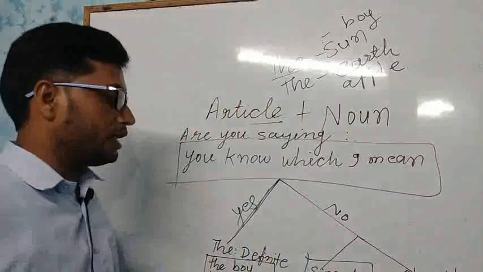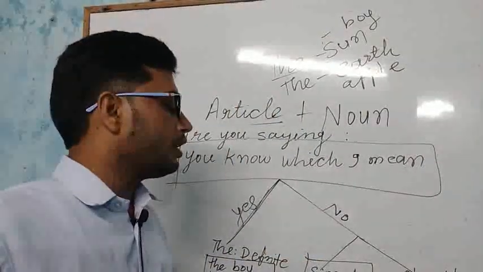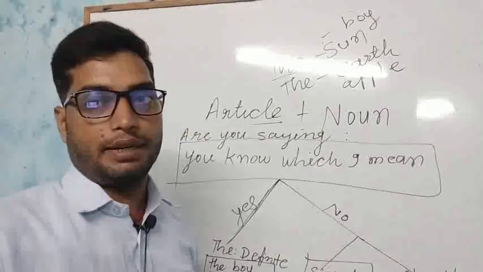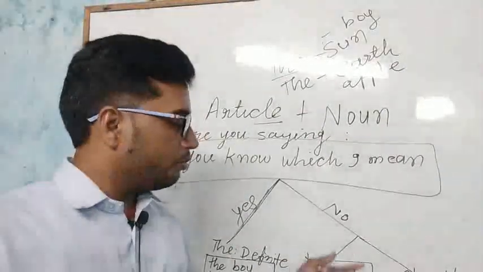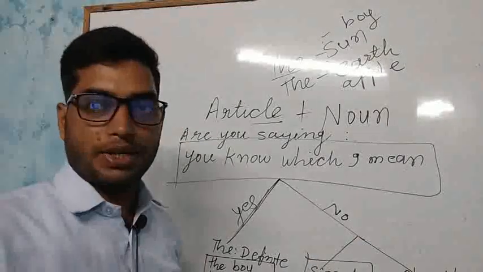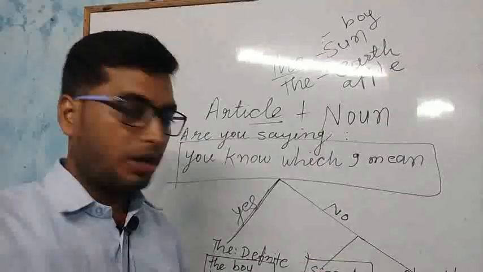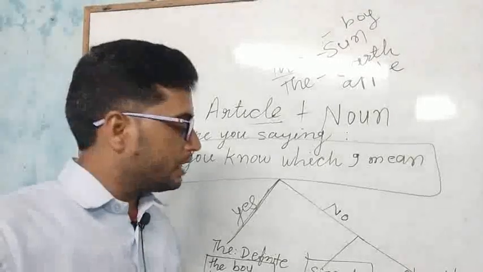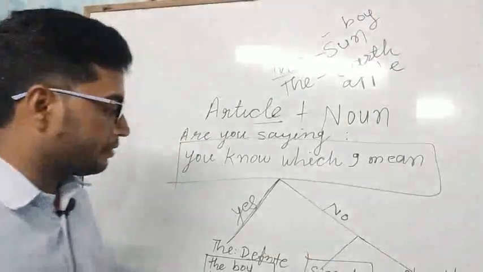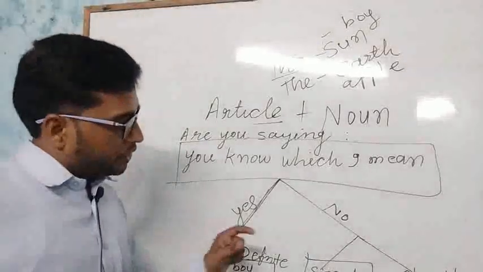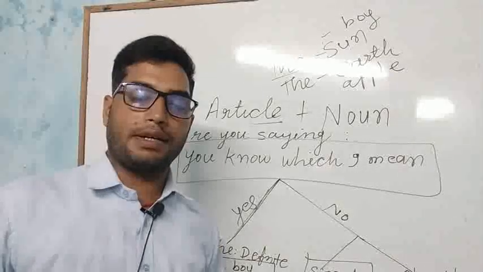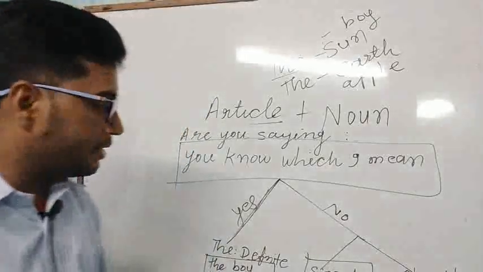It means if only a single person knows about the uncountable noun, then there is no article, right? Before plural noun there is no article, and before uncountable noun, water, milk, ghee, there is no article. And before singular noun you have to use indefinite article a or an, right?